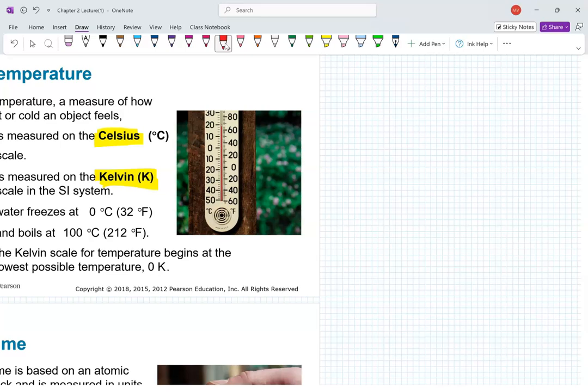Before we go on, Kelvin describes absolute temperature. There is no negative Kelvin. 0 Kelvin is the absolute lowest that can be in nature. Am I making sense? Now, in terms of the step, Celsius and Kelvin have the same number of degrees. So basically, it's this.